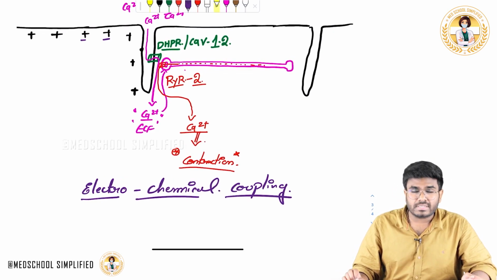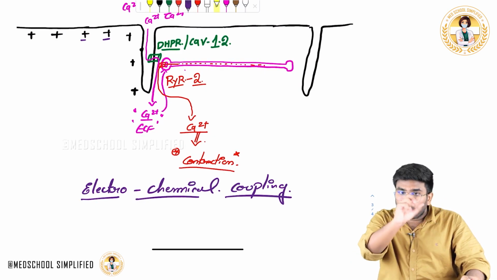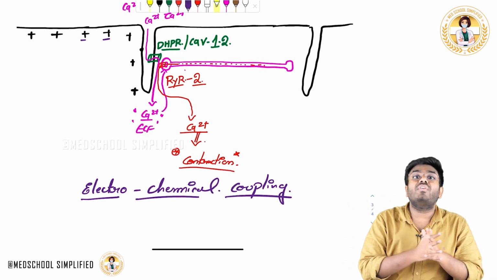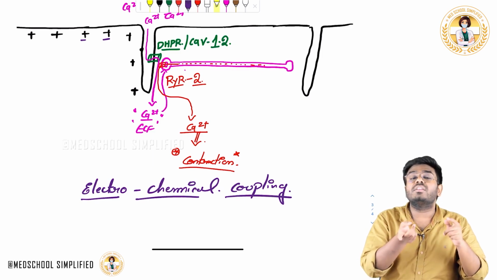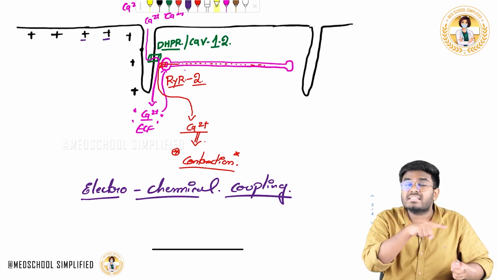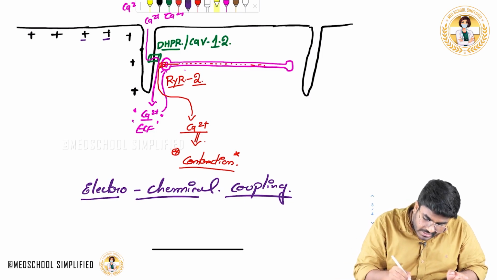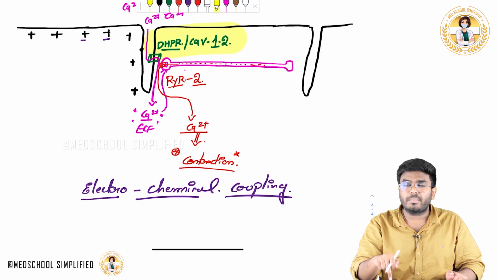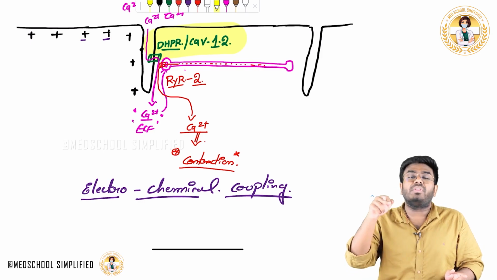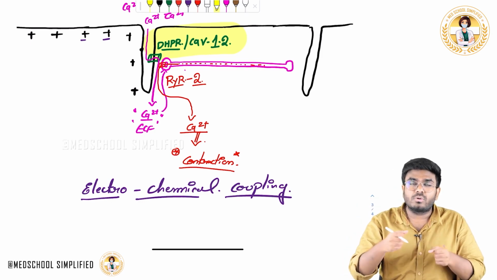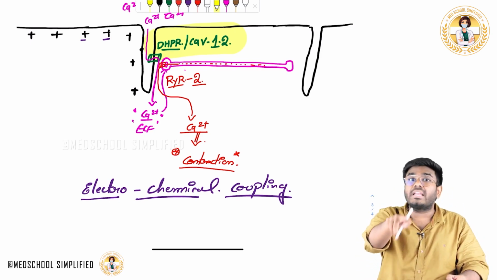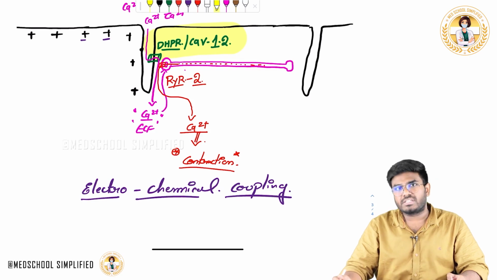It's seen in the cardiac myocytes, where the depolarization along the muscle membrane will cause the influx of calcium via the DHPR channels. First calcium will come into the myocardium. Now this calcium will cause opening of the RYR channels. So whatever calcium comes out of the sarcoplasmic reticulum will cause the muscle contraction.